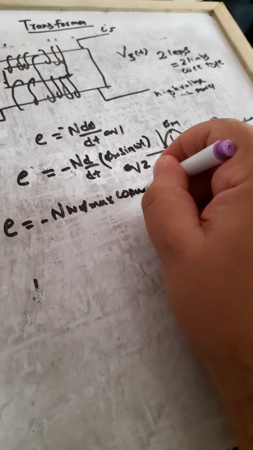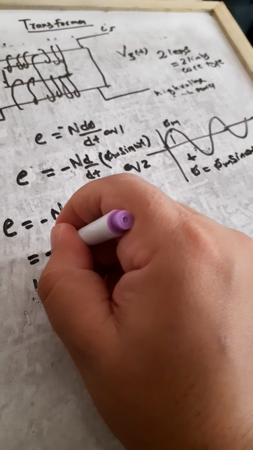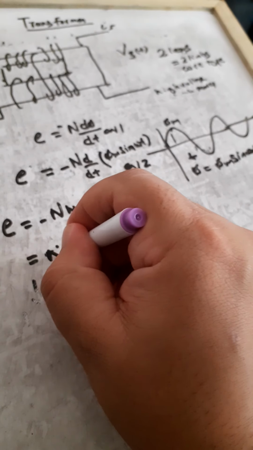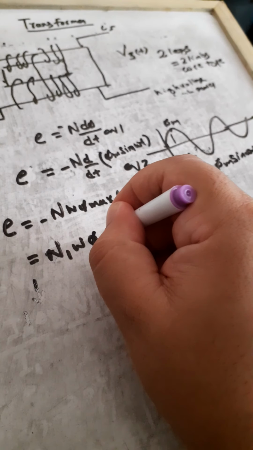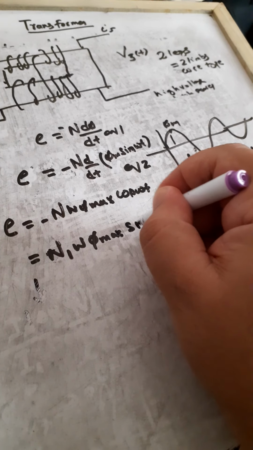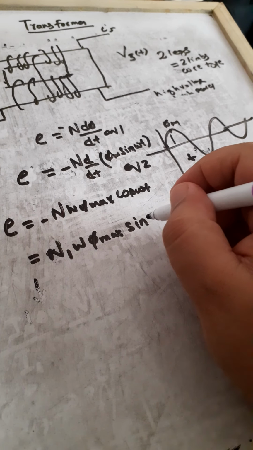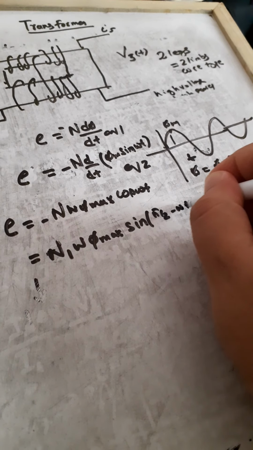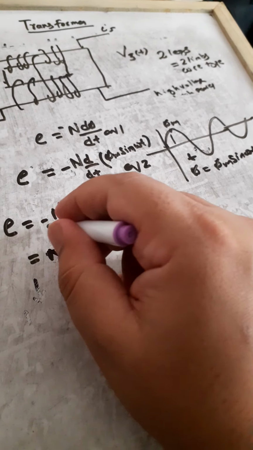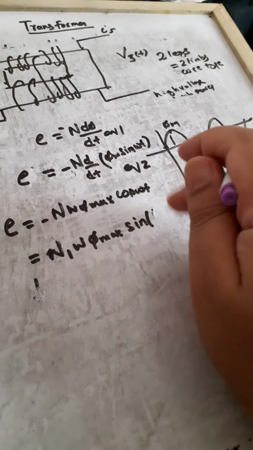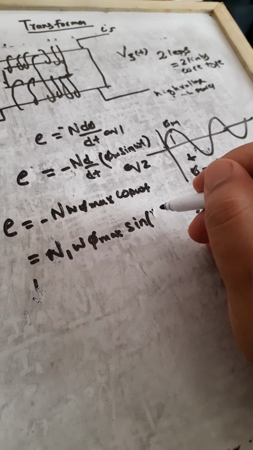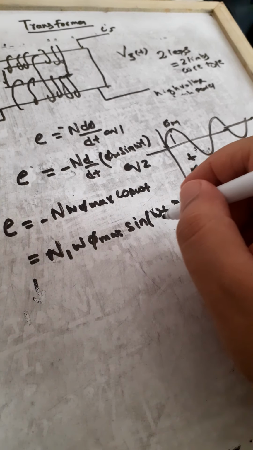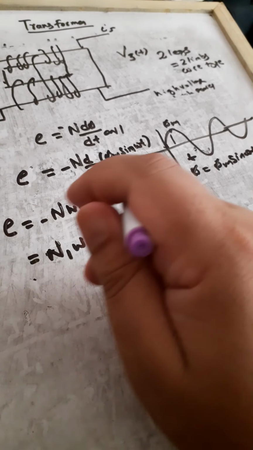Or you can also write it as N1 phi max sine of pi by 2 minus omega t, but now we need the sign change here. So I change the sign and write it as omega t minus pi by 2, and automatically the sign change is reflected.